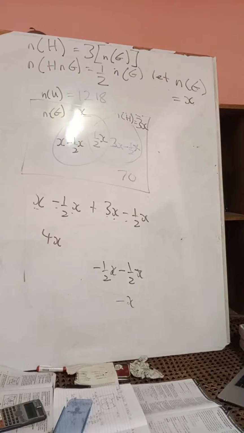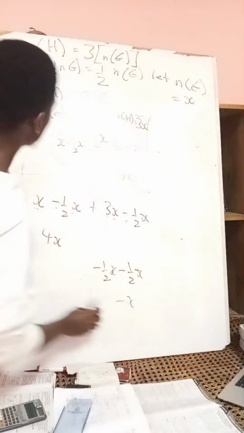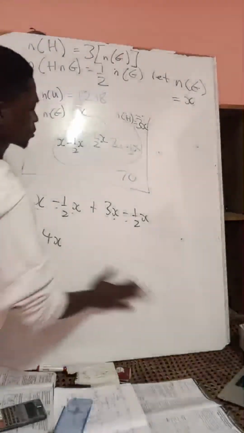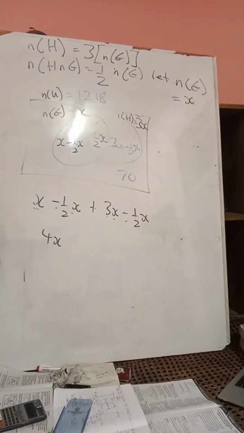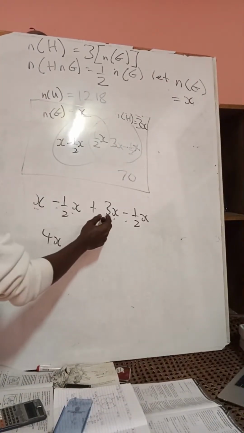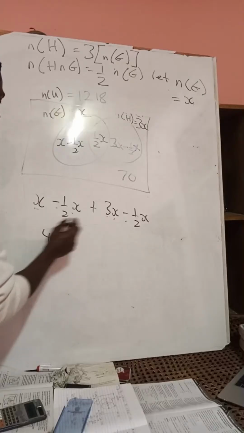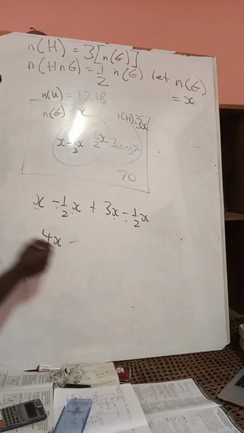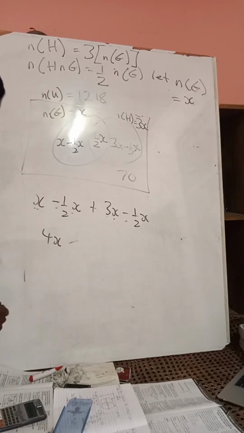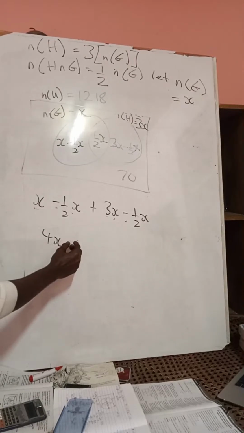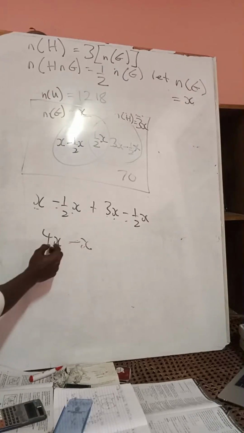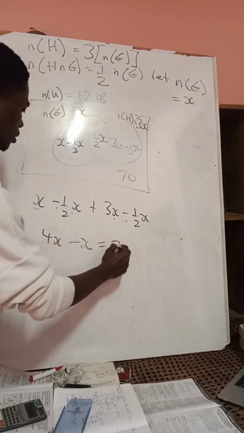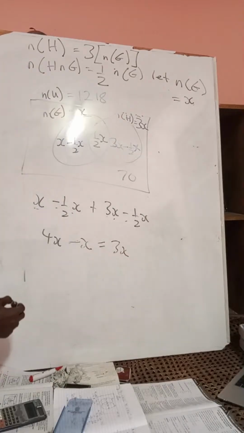You're owing 1, so the total answer would be minus x. Someone will say minus 1x, which is not logical. You have to say minus x. So here we have 4x minus x, and 4x minus x is 3x, right?